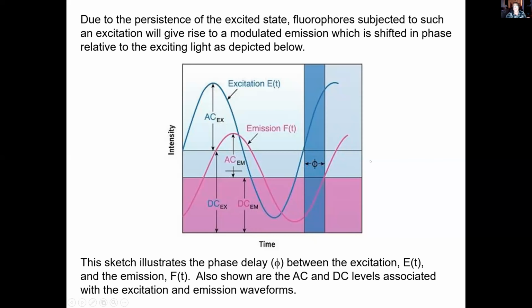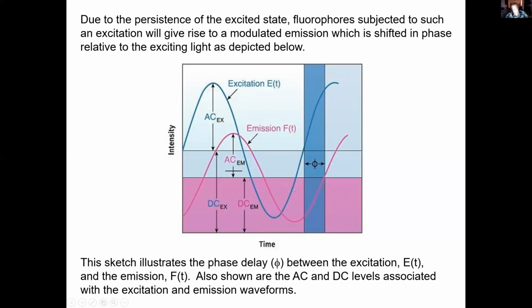In addition, you get a change in the AC/DC levels. The DC level we call just the average value, the center point of these modulated curves, and the AC level is how far you go above and below. You can see that the AC to DC ratio is different for the excitation than the emission.